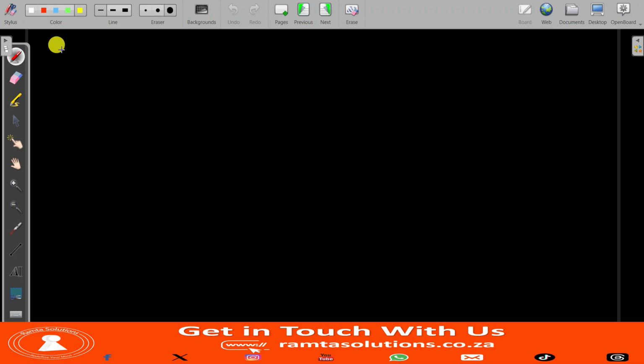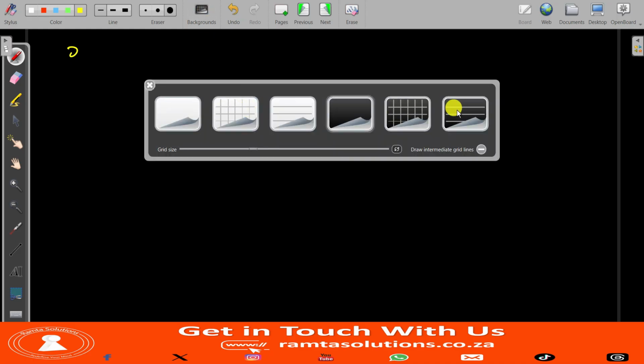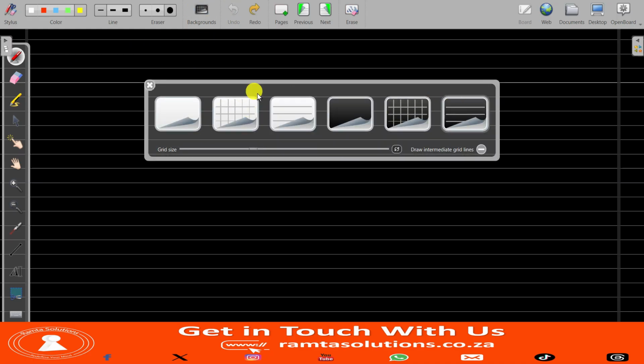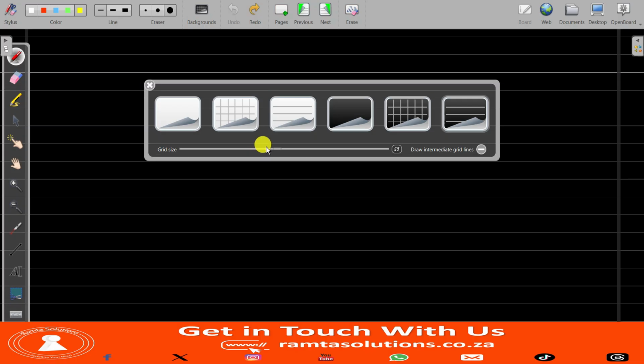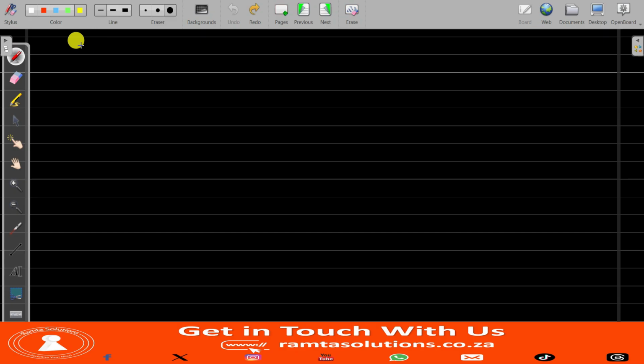So in our solution, we have x. Maybe let me use grid lines. Okay, that's better. So now I'm going to say we have x: 1, 2, 3, did we have 4? No, we had 7 and then 10.